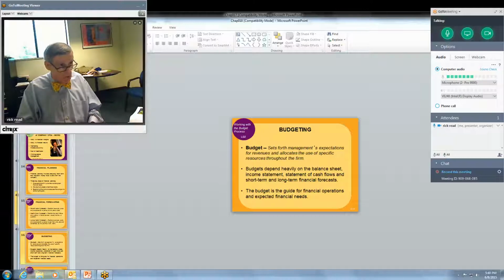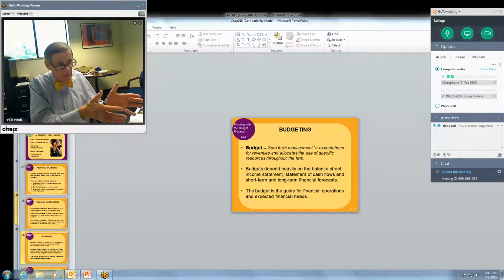We can't do both. Now, please don't tell me that I have $100 left over at the end of the month and I'm going to spend 50 and I'm going to save 50, so I've done both. No, you haven't. You have not saved all of it and you have not spent all of it. You've split it in the middle. So you can't have your cake and eat it too here. You've spent some and you saved some.